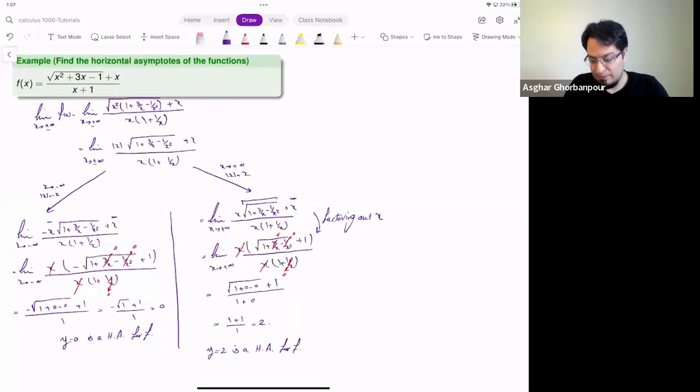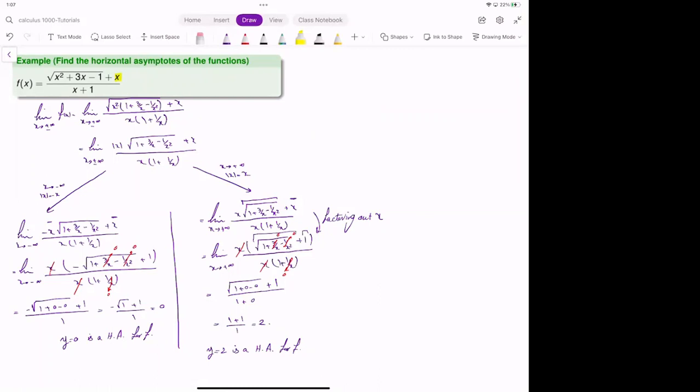If I factor out x from the first one, this square root remains. From the second one, 1 remains. From the beginning, x was outside. So x is x. It's not the absolute value of x. So for both of them, we still stay with the x. Did I answer the question? Yes, thank you. Okay.